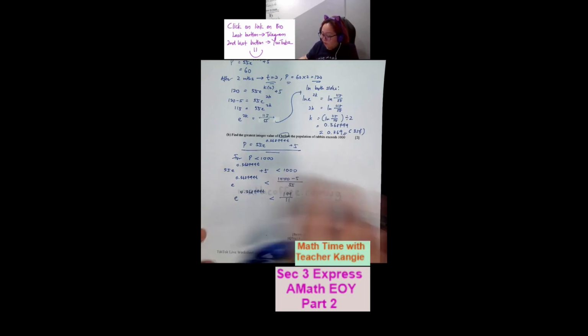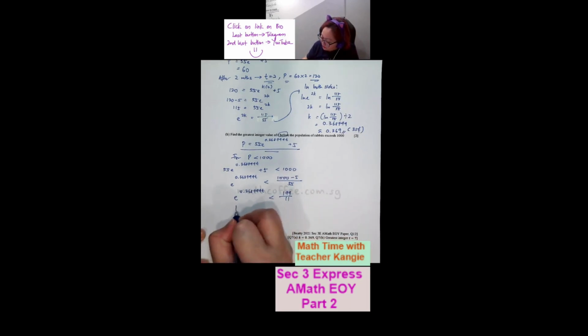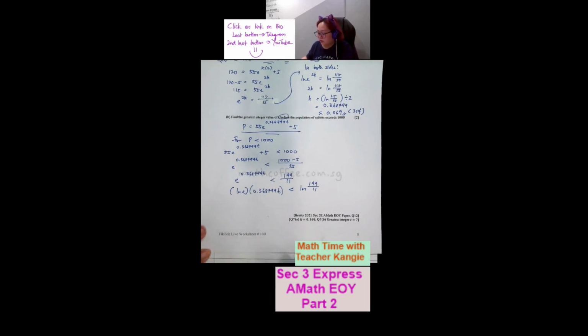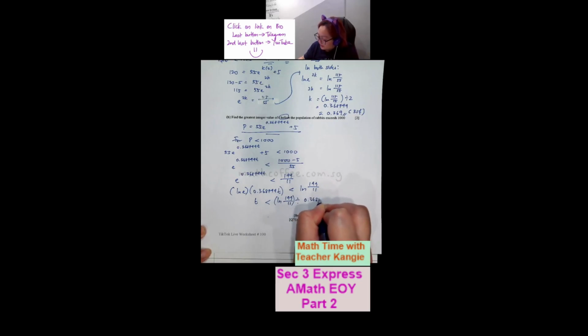Then now I'm going to ln both sides. So I will have ln e^(0.368799t) less than ln of 199 over 11. Now let's solve for t, because ln e disappears. So it will just be ln of 199 over 11 divided by 0.368799.